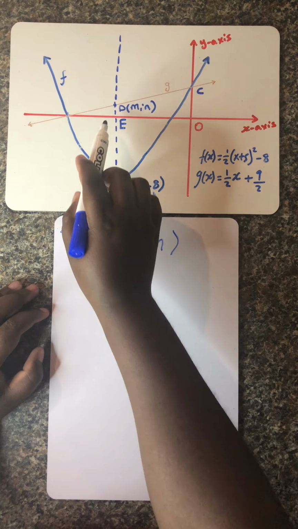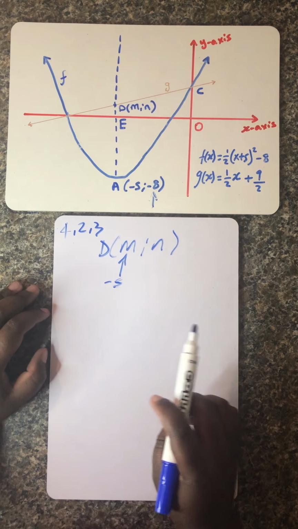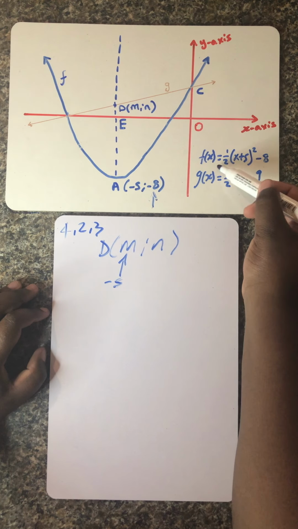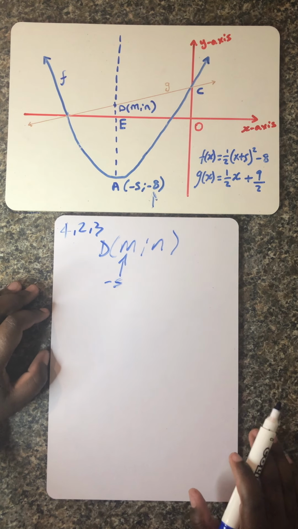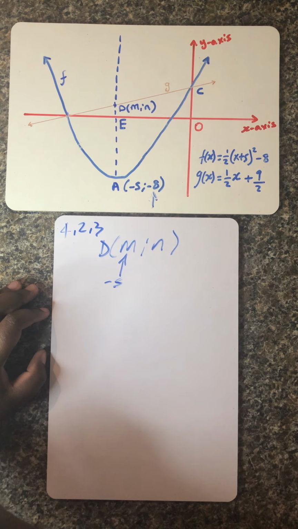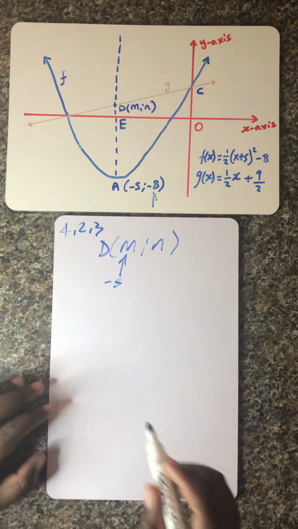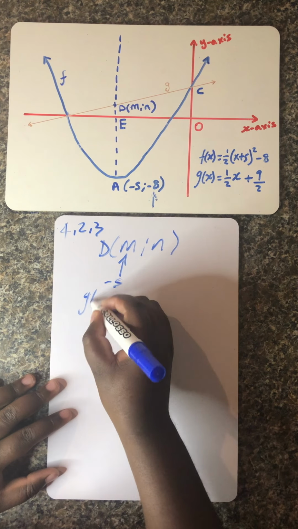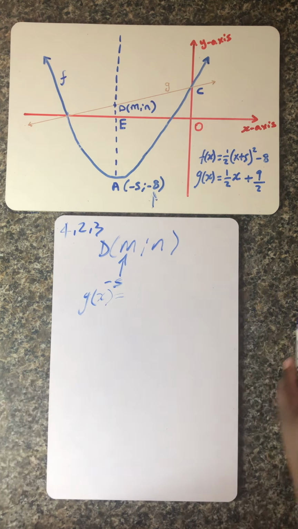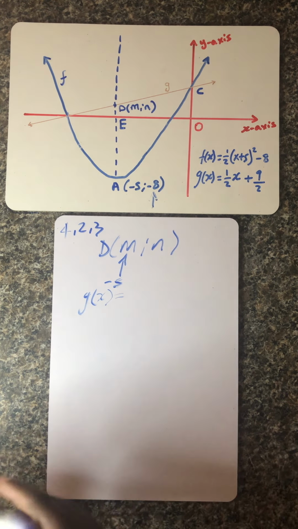They don't really need to write -5 at that point, but from the given information, such as the formula or other given information in the statement, you can tell that that point is -5. So guys, we've got the equation of g of x. This is what we're going to use in order to assist us to write all the coordinates.